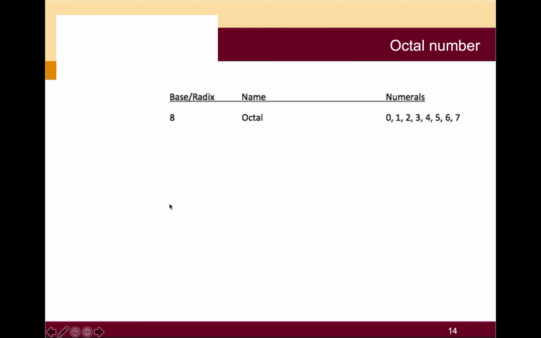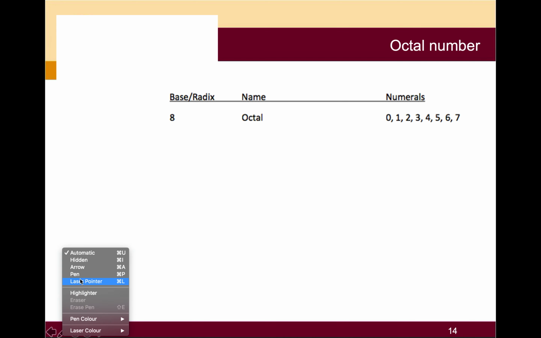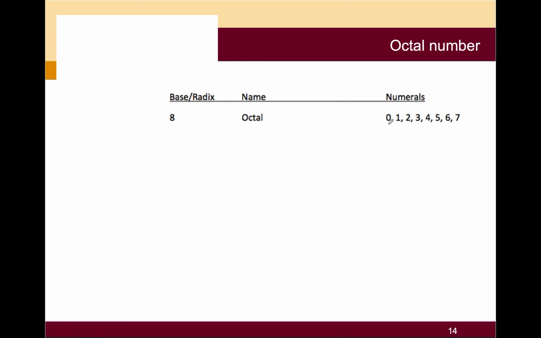Over here we have the octal numbering, which is base 8, and on the octal we of course have 0 until 7, 0 1 2 3 until 7, which is altogether eight digits or symbols.